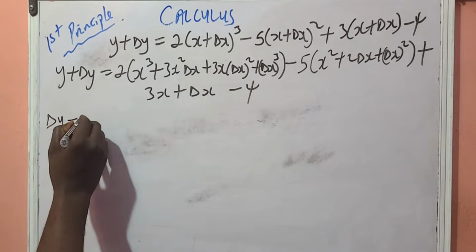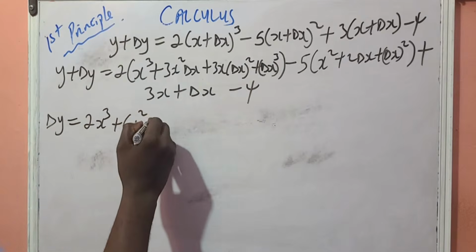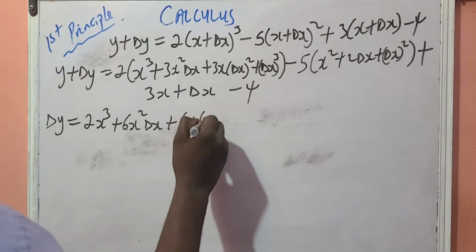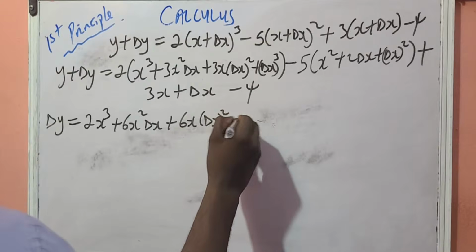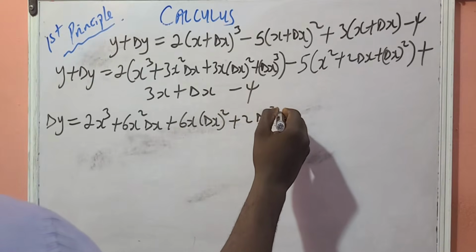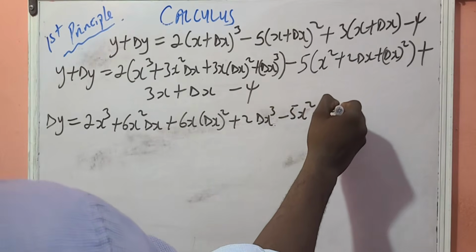I want to try and open this quickly so that at least we can lessen some of this. I would love to bring something like this out. It's quite nice. It's testing. Minus 5x squared minus 10 delta x.